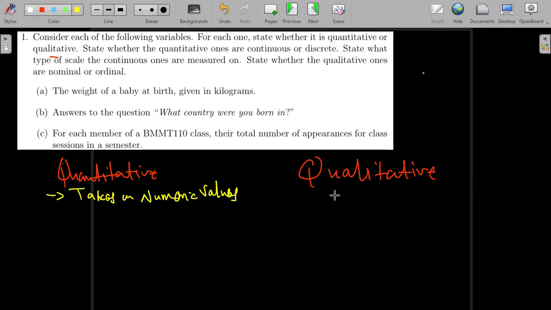A qualitative variable will just be describing the state of something, and there will be no numeric value attached.